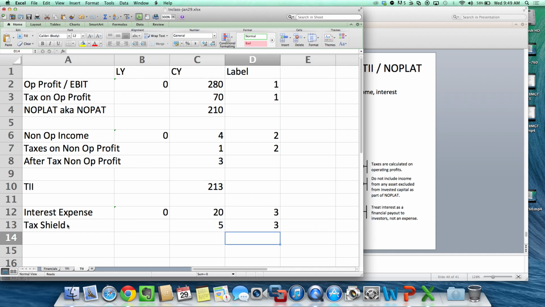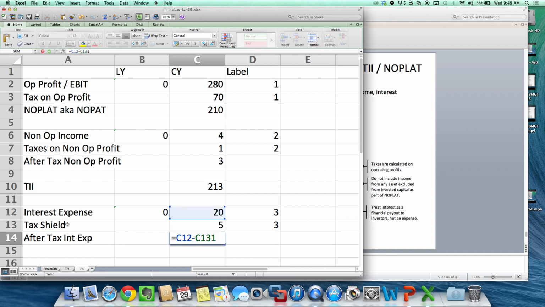So by reporting 20 in interest, I get to save 5 because I can write off all 20 as a cost of doing business at a 25% tax rate. Therefore, my after-tax interest expense is 15.